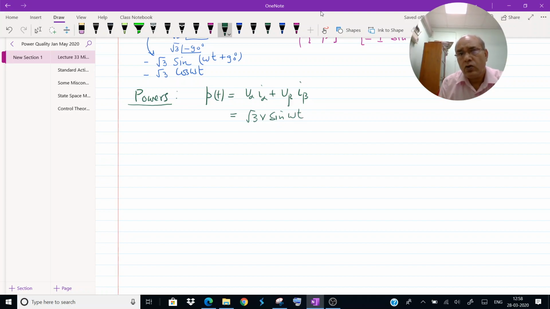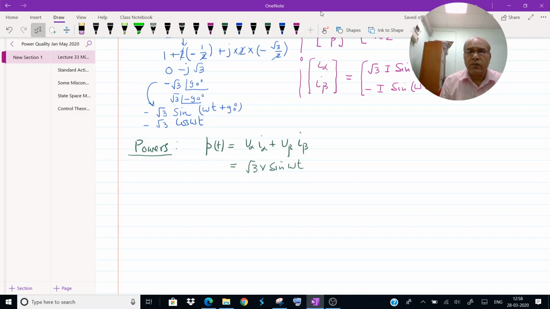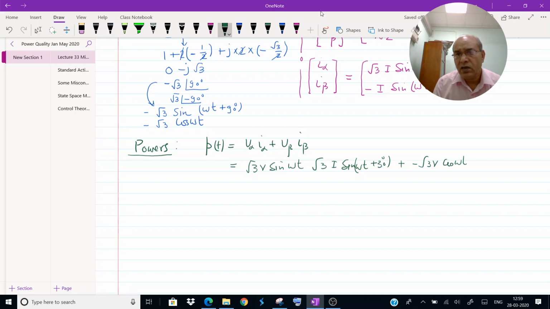We just found out root 3 into I into sin omega t plus 30 degree. This is the first part, and the second part is B beta, minus root 3 B cos omega t, which we have just found out, into minus I sin omega t plus 30 degree.